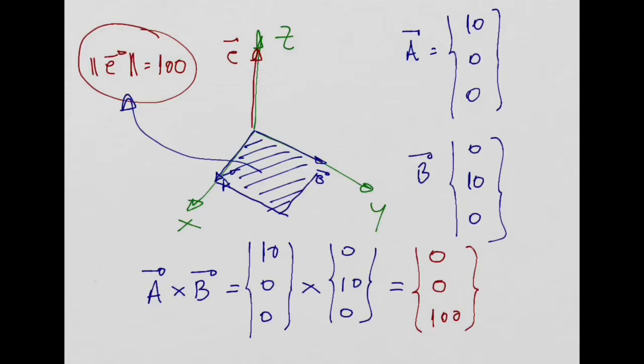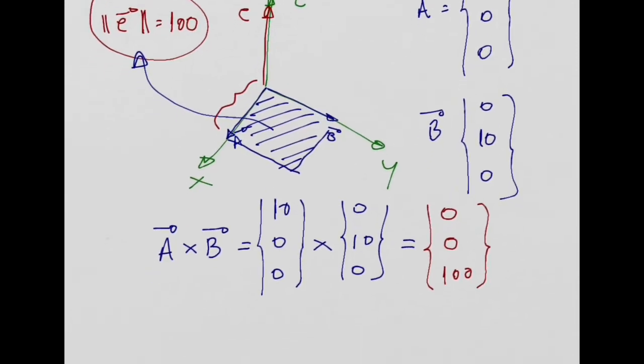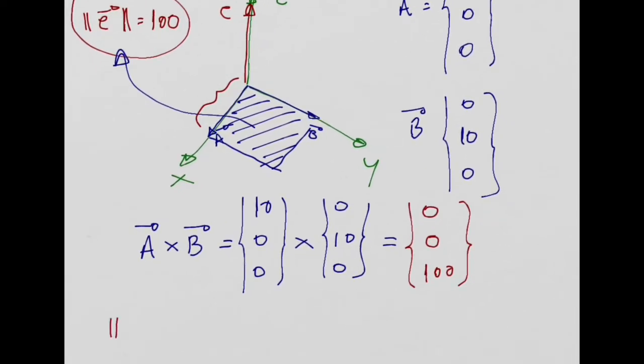Right? And we can easily check in this example. Look at this. How much was this length here? This length is the norm of vector A, which is 10. By the way, how do you calculate the norm? The norm of a vector, vector A, for example, is the square root of x component square plus y component square plus z component square.